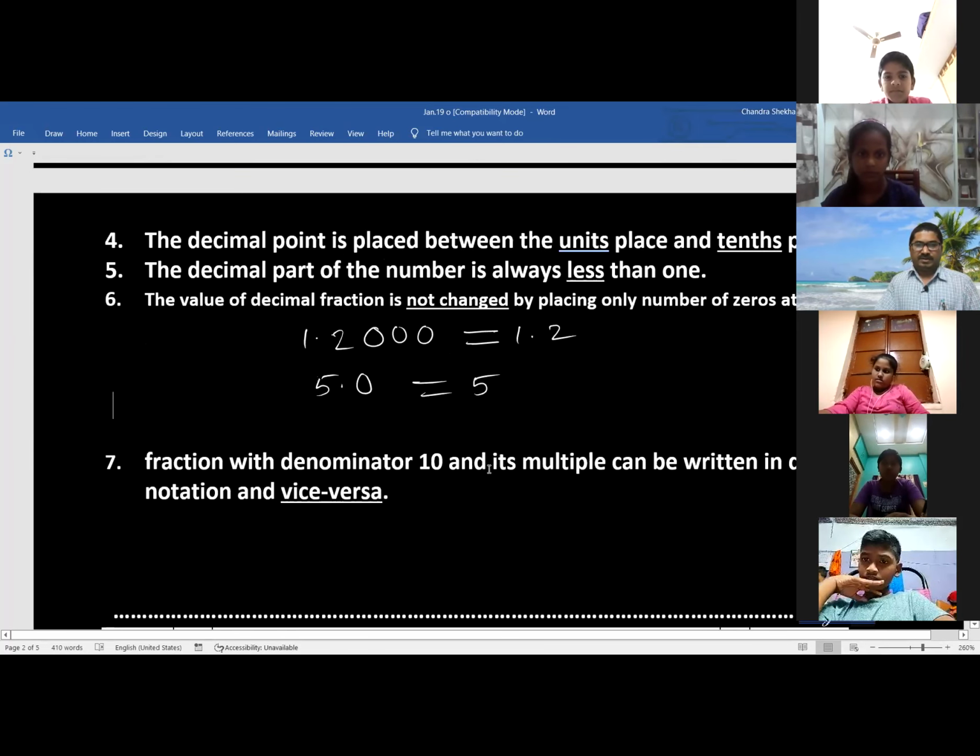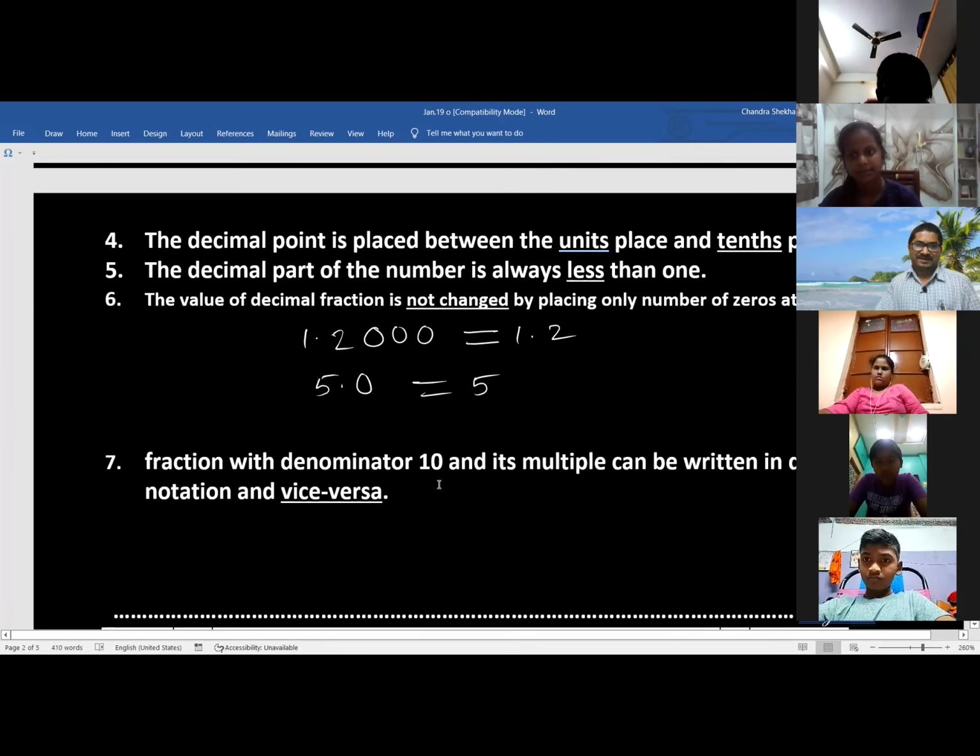Fractions with denominator 10 and its multiples can be written in decimal notation and vice versa. Yesterday I told Tanvi this definition, multiples of 10. So remember everyone.